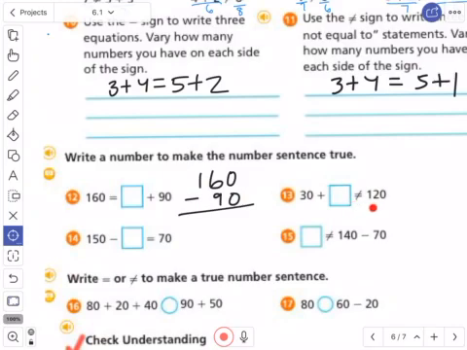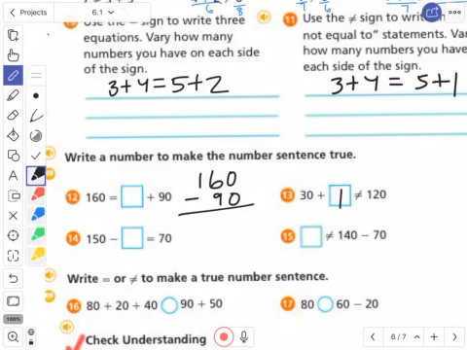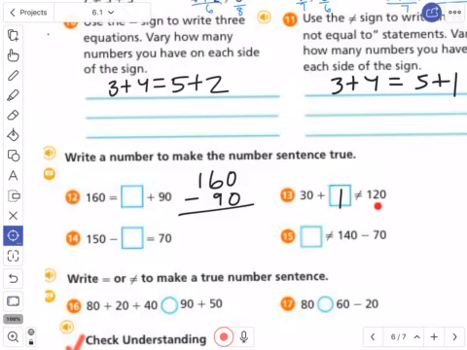Well, 120, I just need to make sure it doesn't equal. I could put the number 1, because 30 plus 1 is 31. Yep, does not equal 120. This one, 150 minus blank equals 70. So I can think about 70 plus something equals 150. Or I could do 150 minus 70. And this one, I first have to figure out 140 minus 70. Whatever that is, I just have to put a different number there.